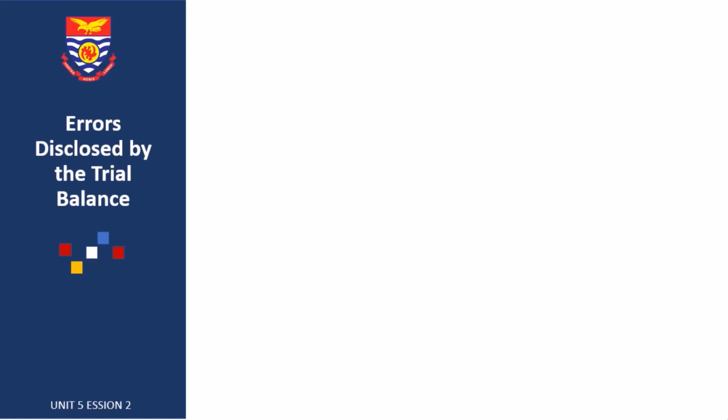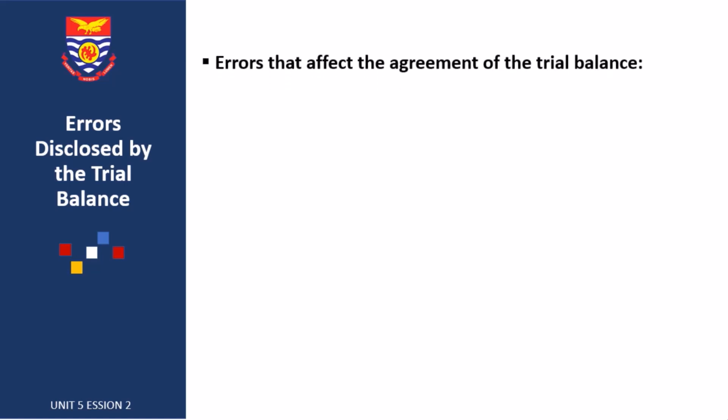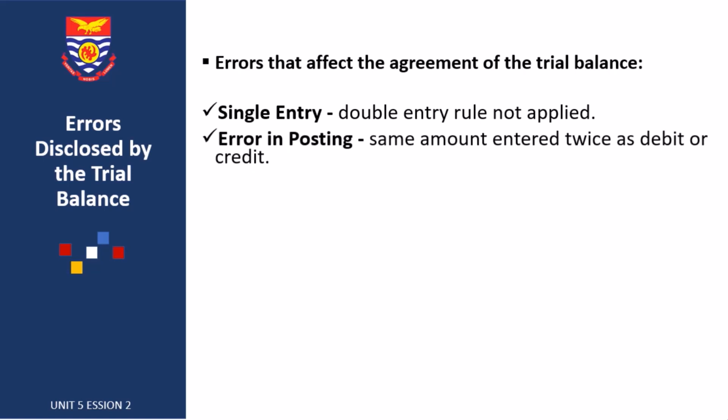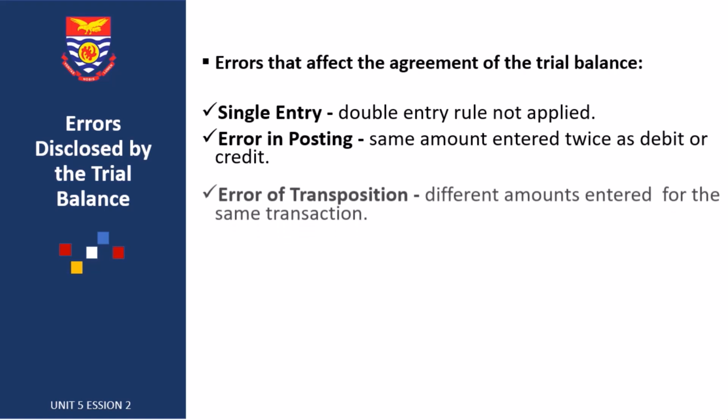Errors disclosed by the trial balance. Errors that affect the agreement of the trial balance include single entry. That is a situation where the double entry principle is not applied. Error in posting, same amount entered twice as debit or credit.